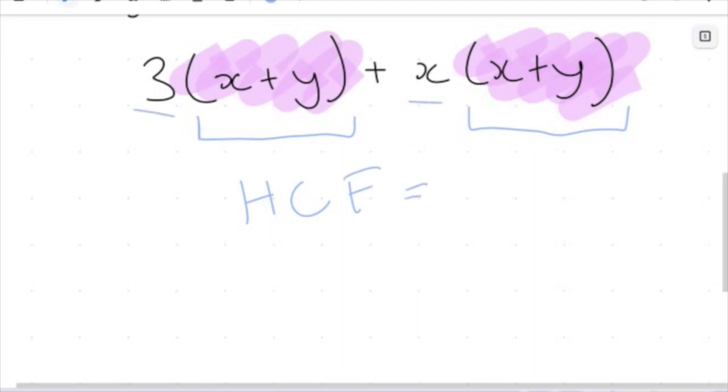We can't do anything with this 3 and x, but we know that both terms, 3 outside of x plus y and x outside of x plus y, contain in them a highest common factor of x plus y. This is the highest common factor.